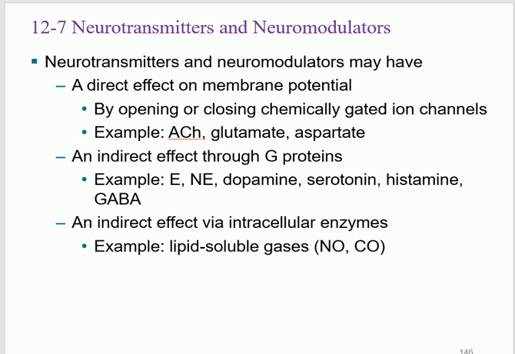Most of the time, these neurotransmitters work directly, like acetylcholine. But sometimes they work indirectly, through G protein, like epinephrine, norepinephrine, dopamine, serotonin. Let me say this. Epinephrine is adrenaline, just another name.